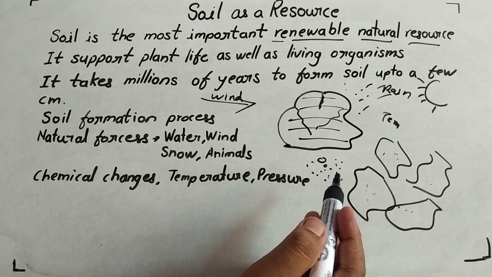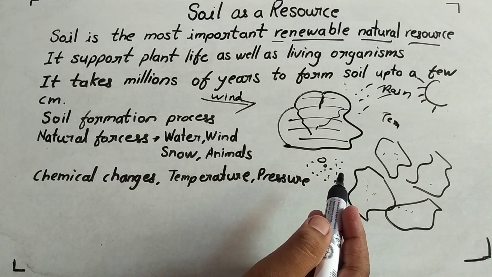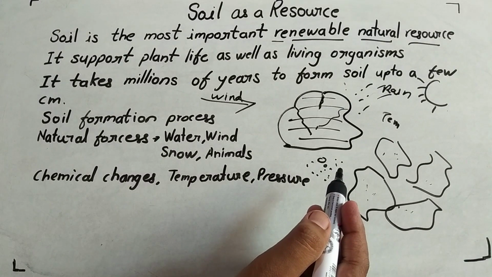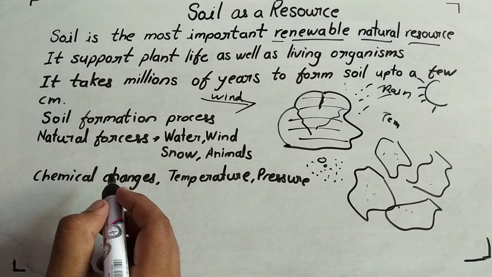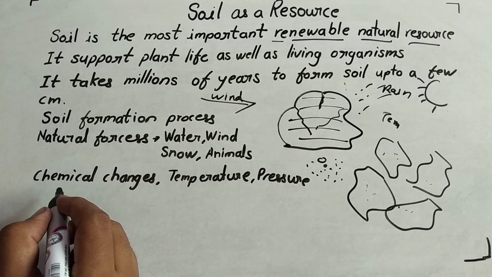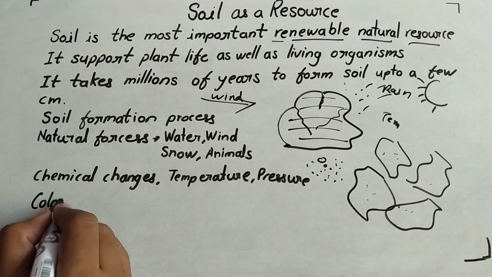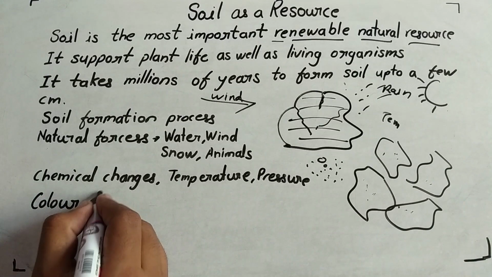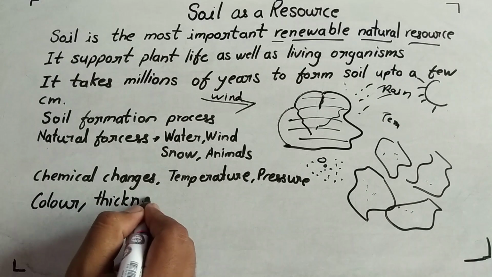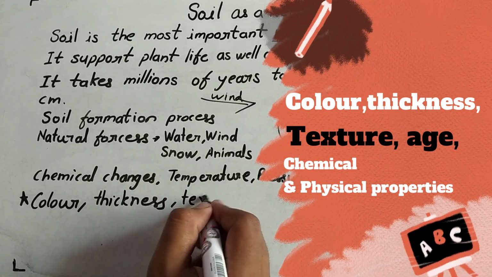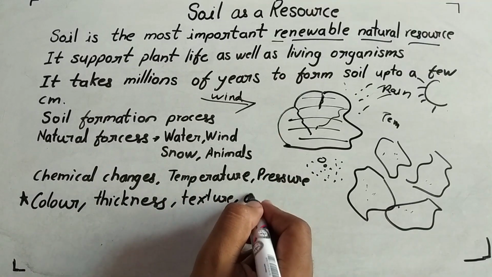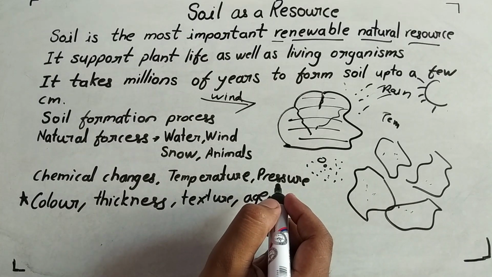On the basis of different types of color, thickness, texture and chemical composition, the different types of soils are classified in India. On the basis of formation process, on the basis of color, thickness, texture, and the age of soil, from where exactly it was formed, from which kind of parent rock it was formed.